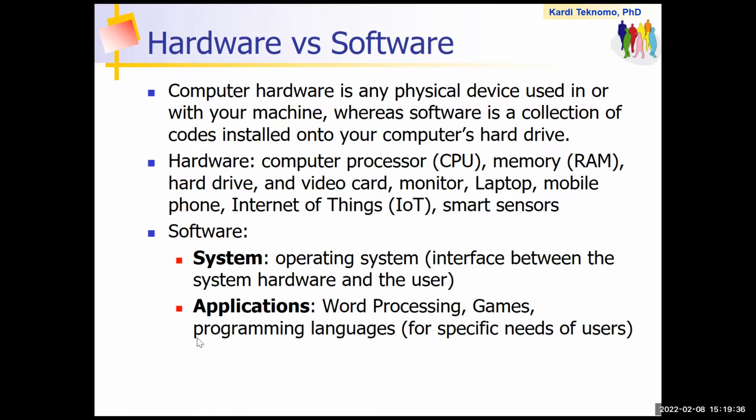There are two types of software. One is called system software, basically the operating system. What is system software? The interface between the hardware and the user. In this case, the user is the application. The second type of software is the application, that's why they call it an app, instead of system.